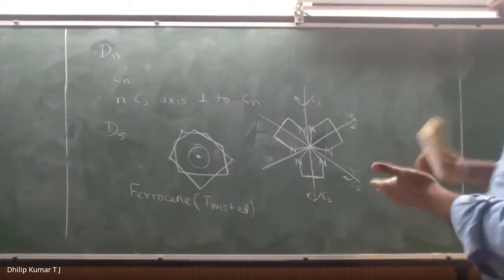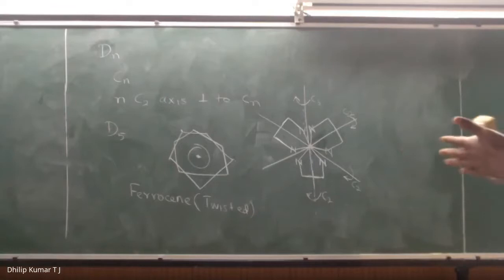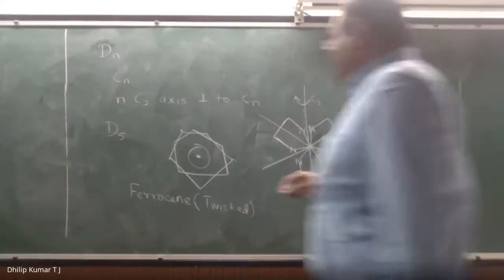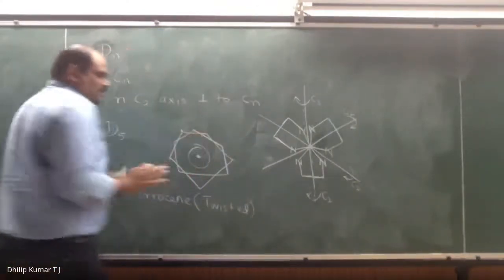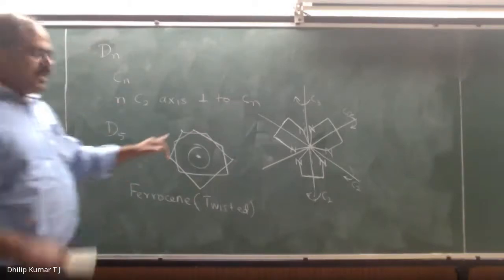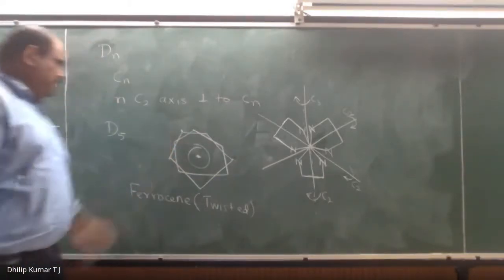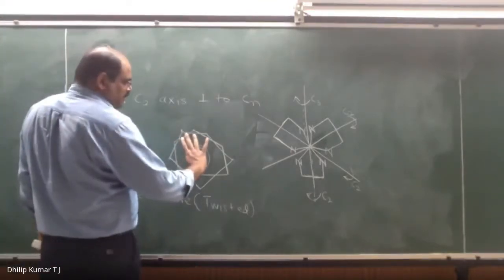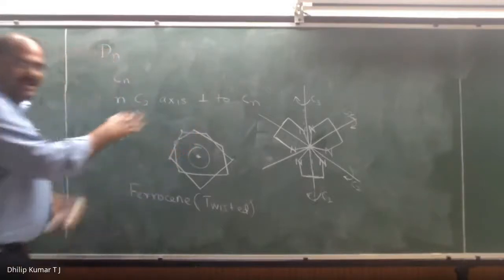I agree. Staggered has sigma d. Okay, what is twisted? Twisted is the one not having a sigma d plane. It is not exactly symmetric. The second cyclopentadienyl ring is just tilted by a certain angle, but not exactly splitting into half.